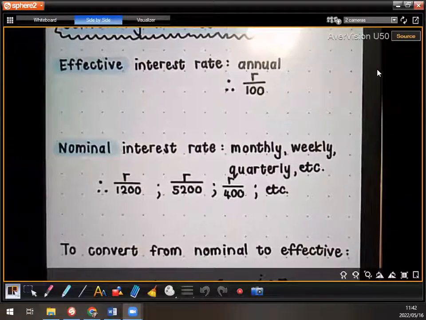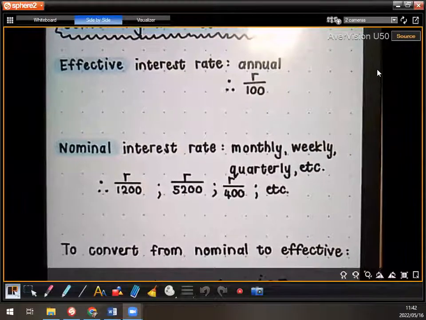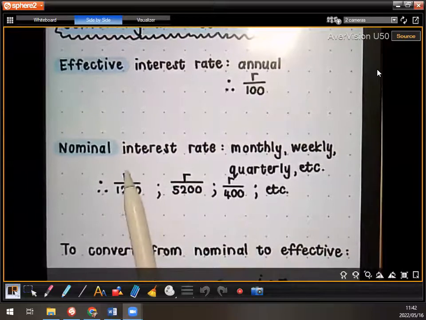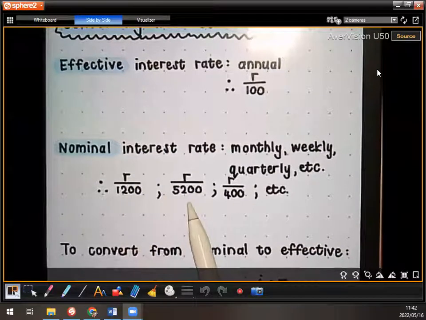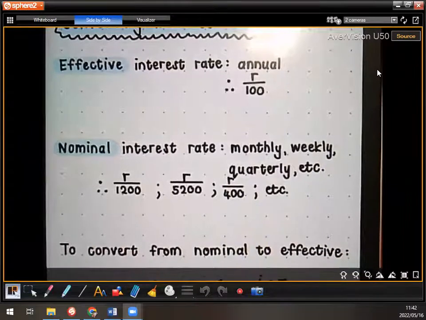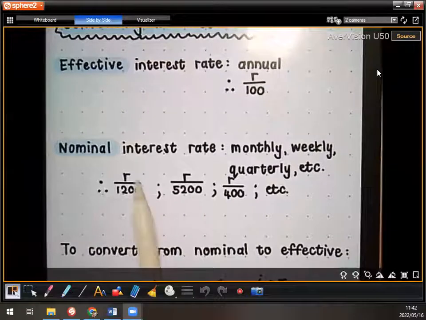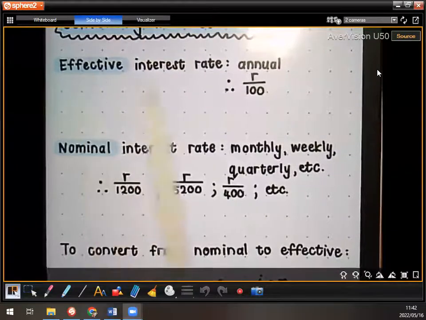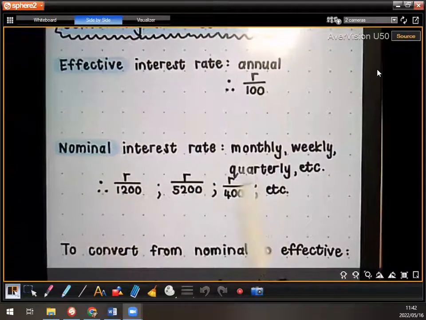All of those that are more frequent than once a year. So you would write whatever your rate is over 1200, or 5200 if it's weekly, or 400 if it's quarterly, etc. So effective is over 100, nominal is over whatever type they're giving you.